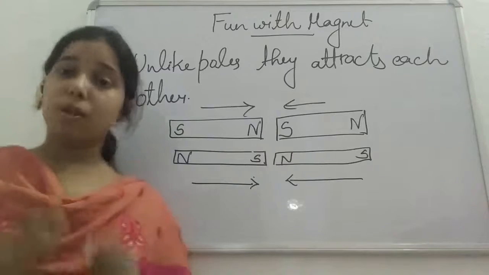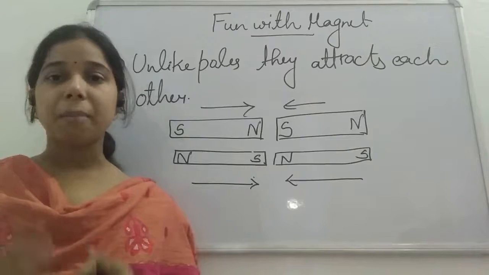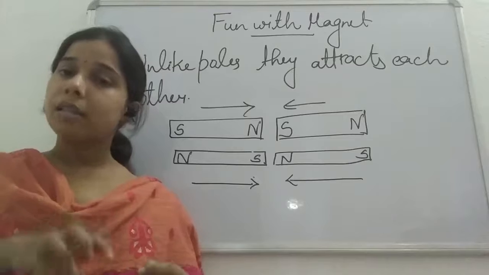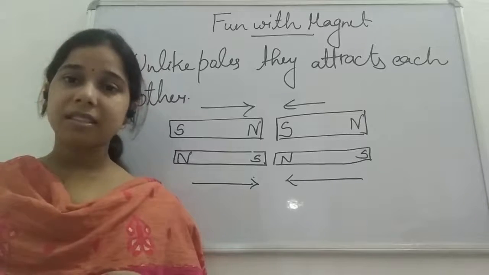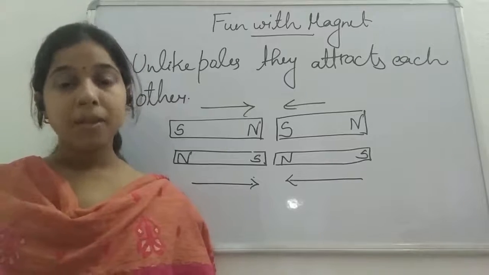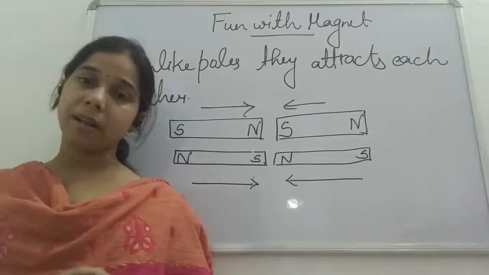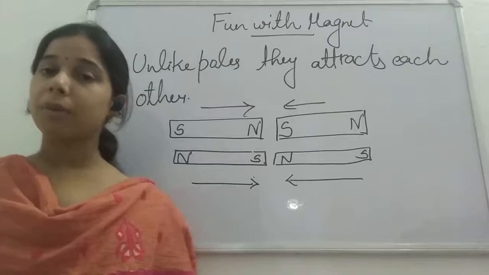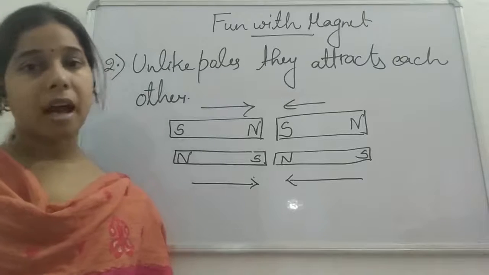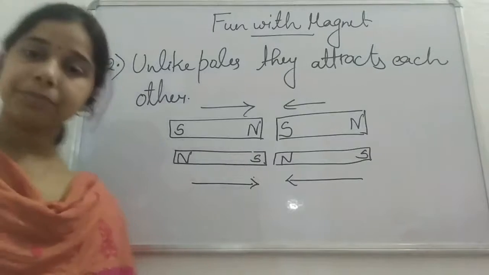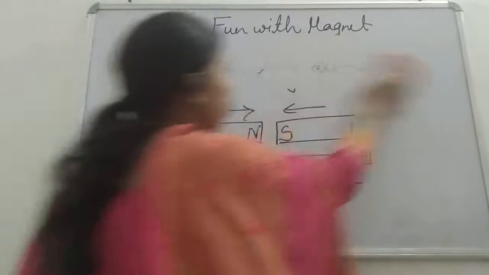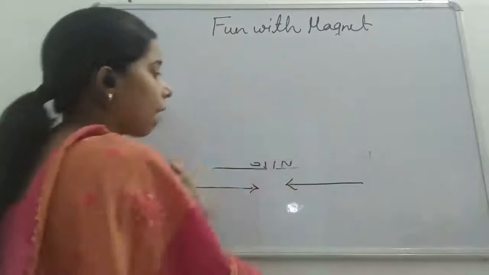So is it possible to convert a magnetic material into a magnet, or how can we make an object show the property of magnetism? So we will see making your own magnet. How can we prepare our own magnet, students?